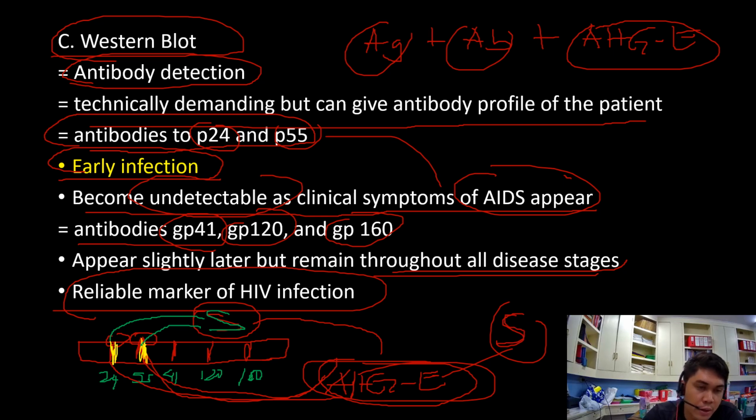The substrate will react with the enzyme, then there will be color development in that area. This means the patient serum contains antibody against P24 and P55. If there's a color development in this area, it means there are antibodies against GP41, GP120, and GP160 present in the patient serum. So that is for Western blot.